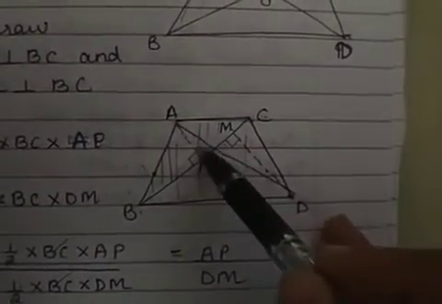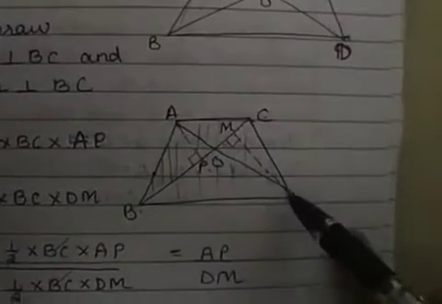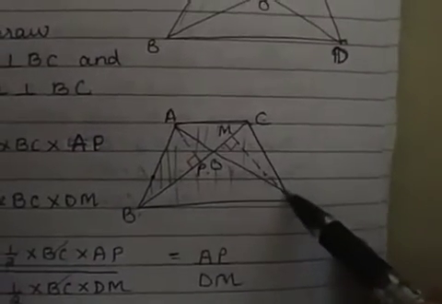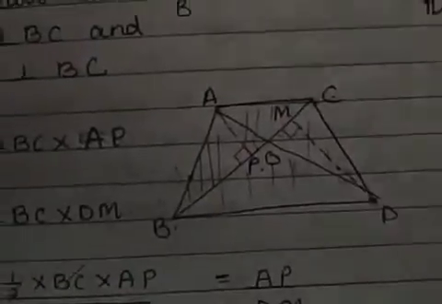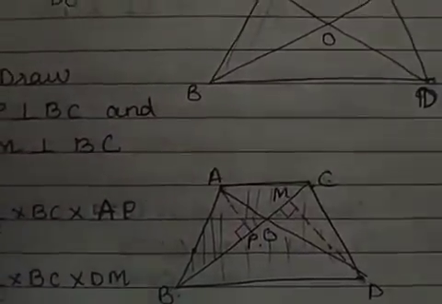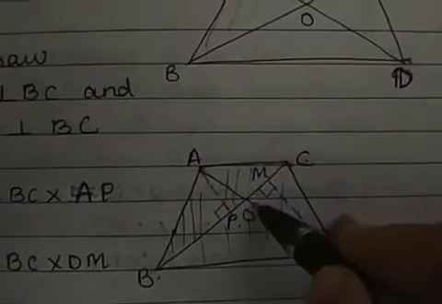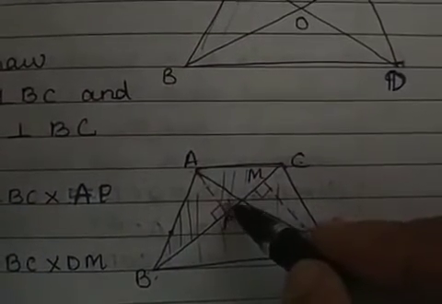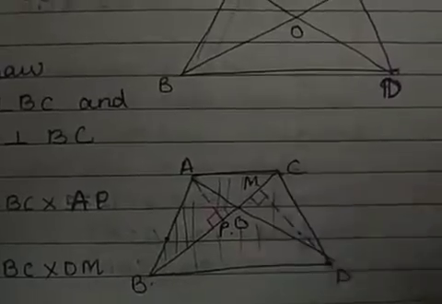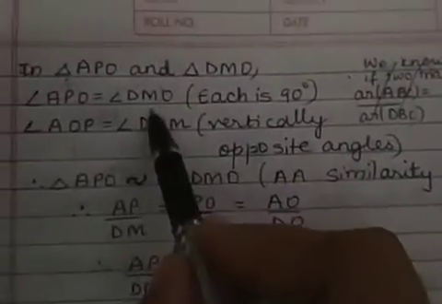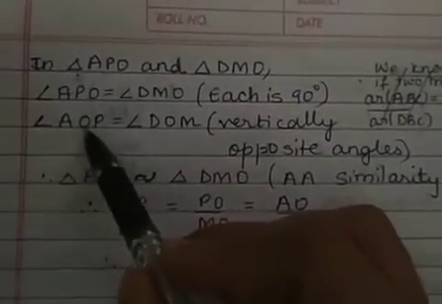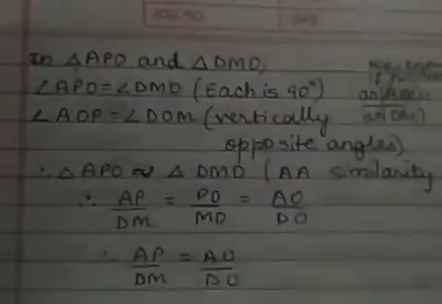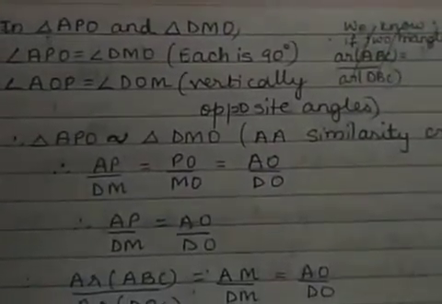So we are taking the triangle APO and triangle DMO. Now in this triangle, this angle is equal to this angle, vertically opposite angles, and this angle is already 90 degrees, correct? So we can say angle APO is equal to angle DMO because each is 90 degrees, and angle AOP will be equal to angle DOM because they are vertically opposite angles.